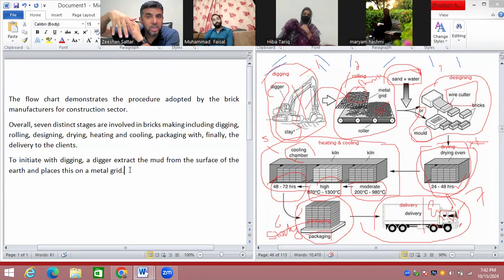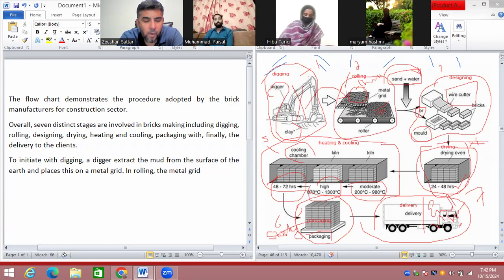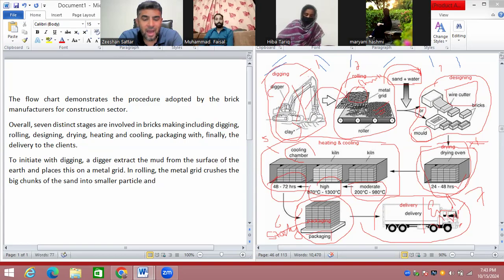So now we are entering into stage number 2. What is that better word? Rolling, comma, the metal grid crushes the big chunks of sand into smaller particles, and shifts the raw material.